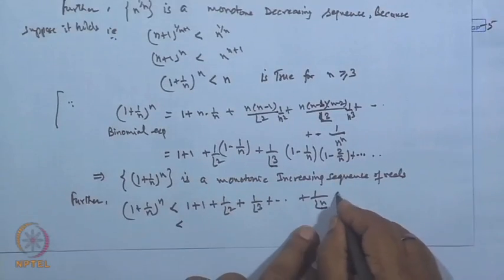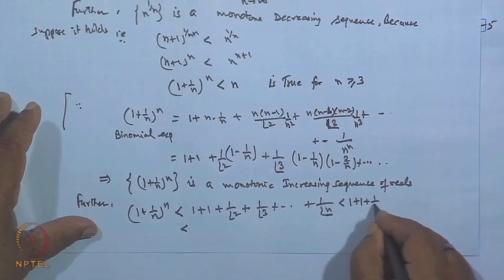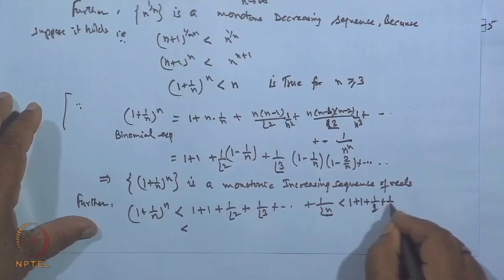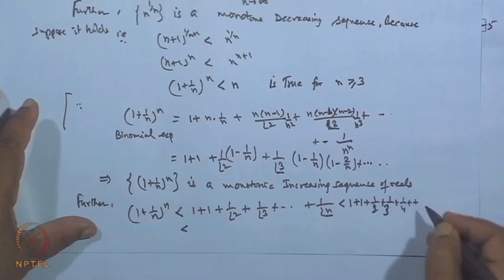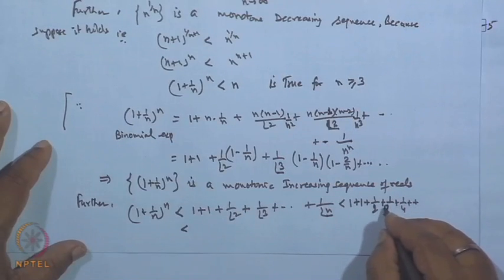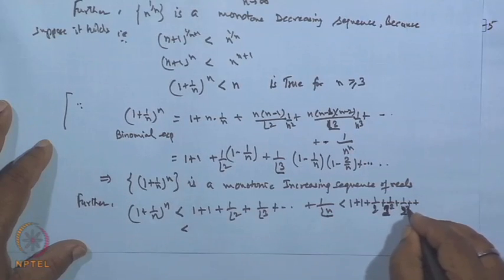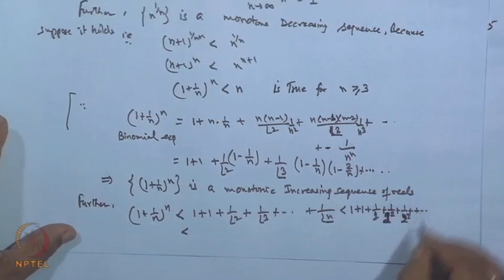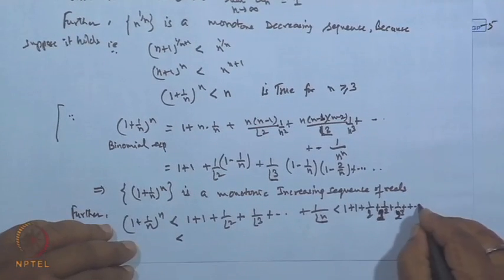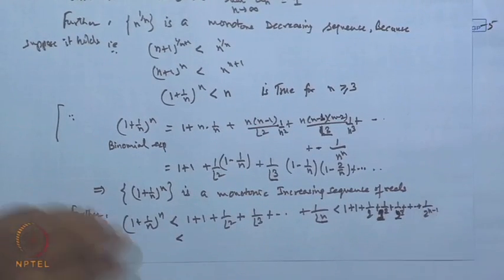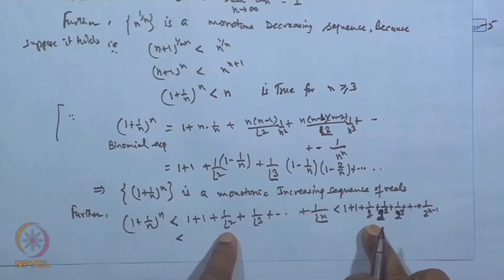Now this is further less than 1 plus 1 plus 1 by 2, 1 by 2 square, 1 by 2 cube and so on, up to 1 by 2 to the power n minus 1, because factorial 2 is equal to 2 basically.